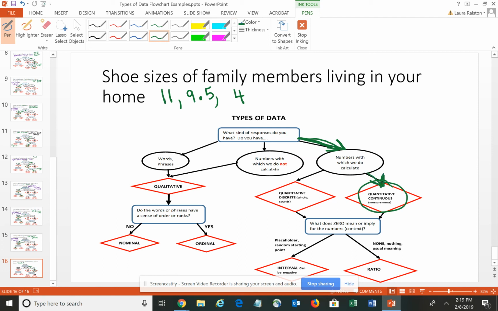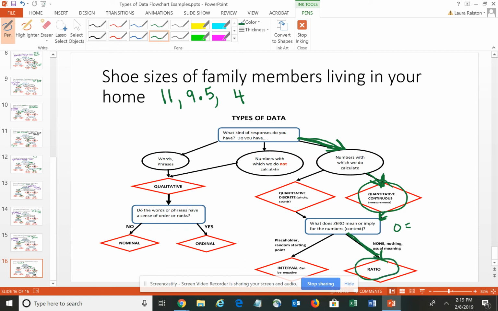I mean, we don't sell 9 3/4 size shoes, but somebody's foot could be that big and they have to go up a size. Okay, so then you want to think about what 0 means. And 0 in this case to me would be like you didn't have a foot, because you had to have that measuring point. So I would say it's at the ratio level.